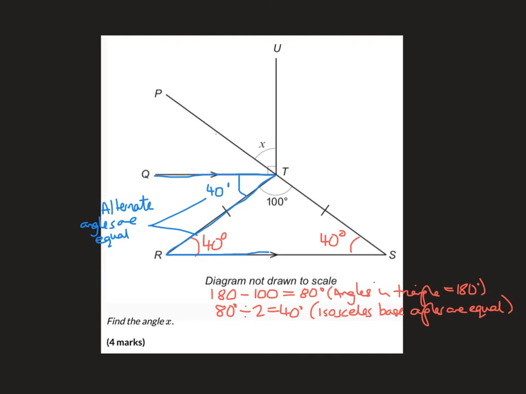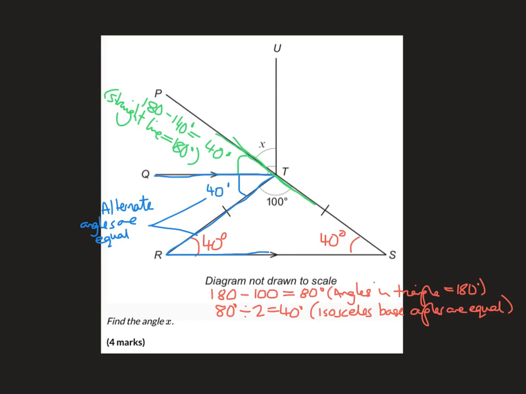Well, I can spot this straight line here, so I can use that to find this angle here, because I'm going to do 180 minus 140 degrees equals 40 degrees, because a straight line equals 180 degrees, so that's that reason.